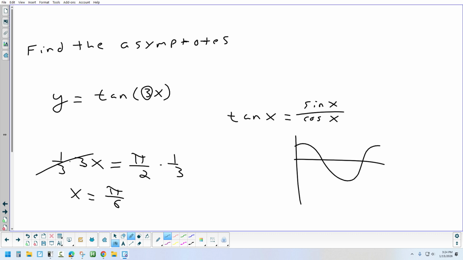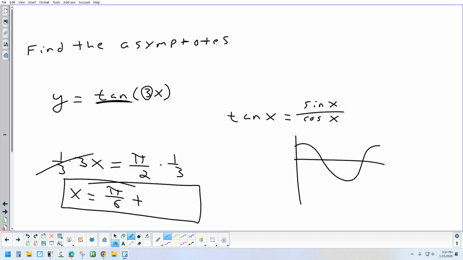All right, so now that's the first asymptote, and that one is going to repeat every cycle. So we need to put something on the end indicating it repeats. What do I have to find that's going to help me know how often it repeats? Yep, the period. What's the formula to find the period of a tangent function?